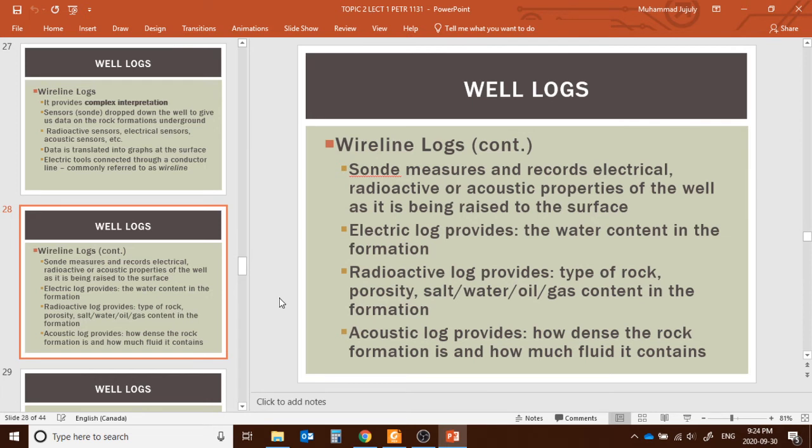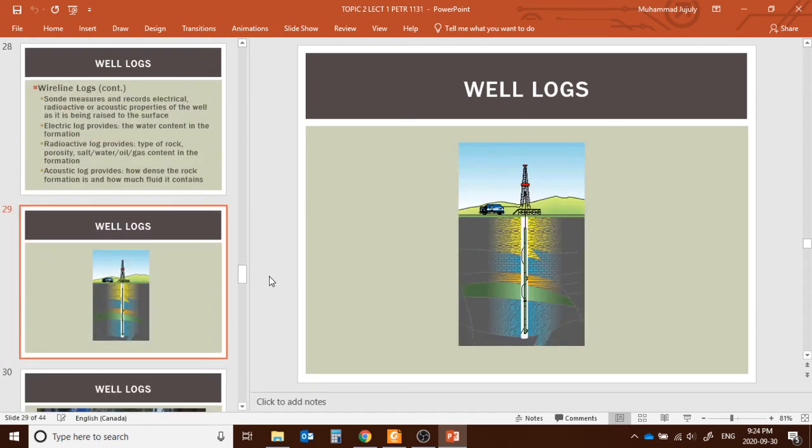It's very similar to what I explained before, like how bats see their path through. It sends the acoustic signal, and when it reflects back, it gives us an idea of the density of the material, right? So it's the same principle actually used. So this is a kind of example.